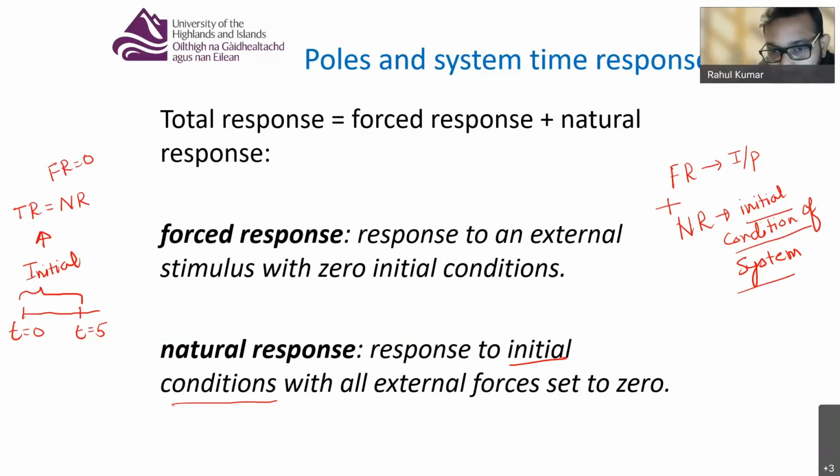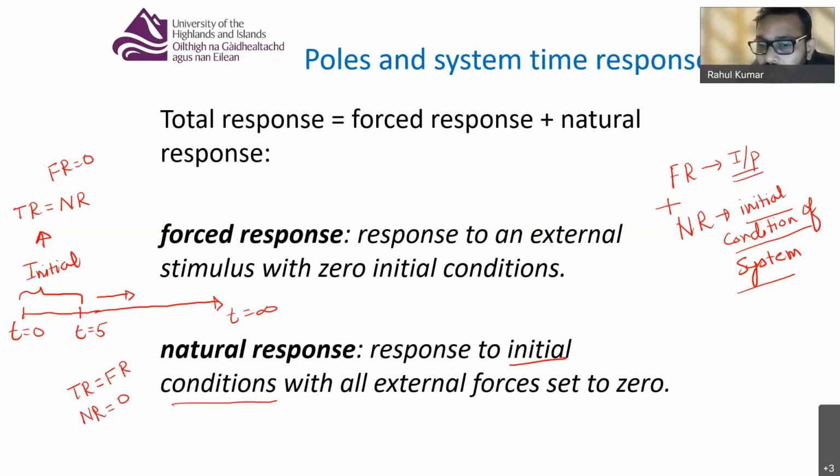And then if we continue to operate our system for, let's say, t equals some infinite time, maybe 1 hour, 2 hours, 10 hours, like that. After this initial period, the total response is only because of your forced response, or because of your input, and the natural response becomes 0.